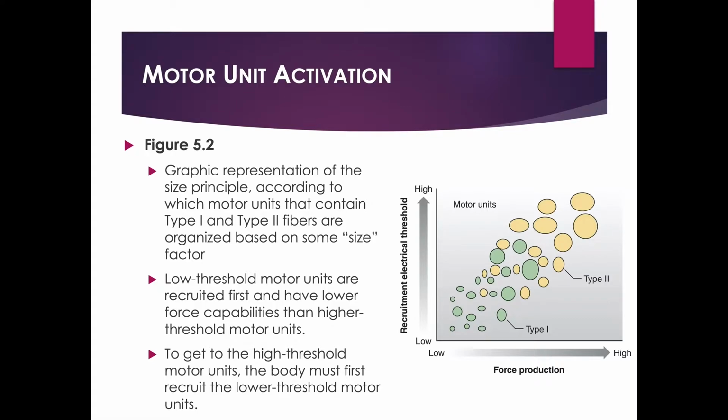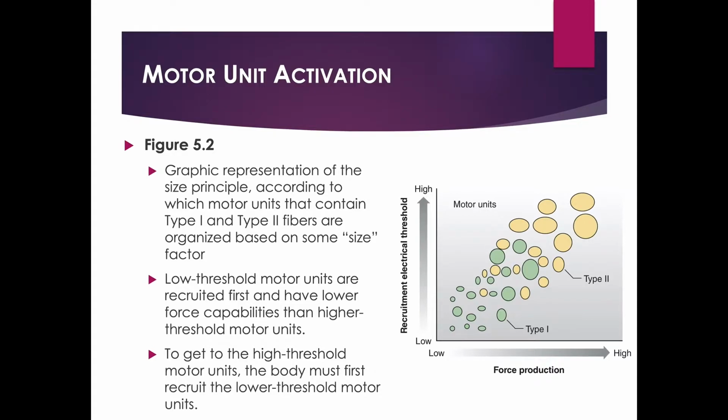So the low threshold motor units are recruited first and have lower force capabilities than higher threshold motor units. To get to the higher threshold motor units, the body must first recruit the lower motor units. And so you basically recruit motor units based upon the threshold.